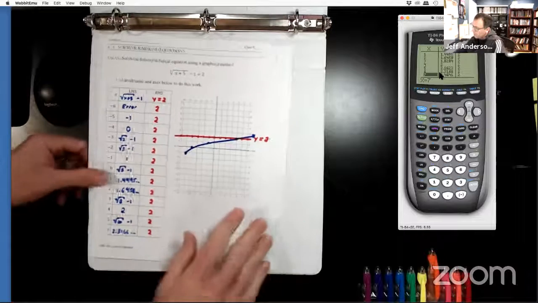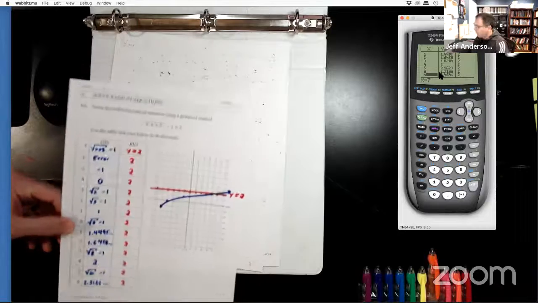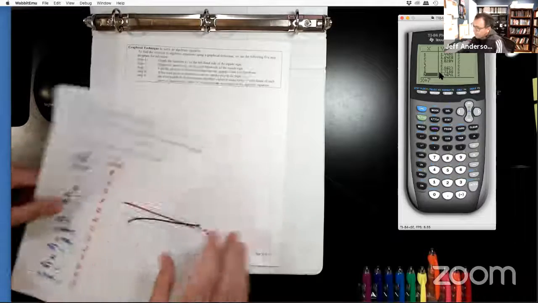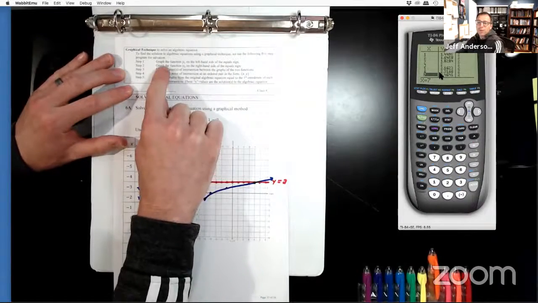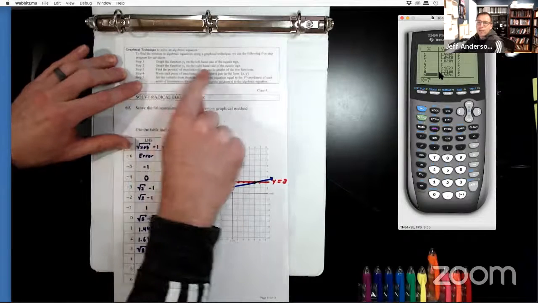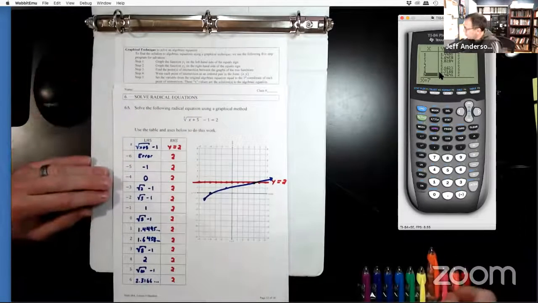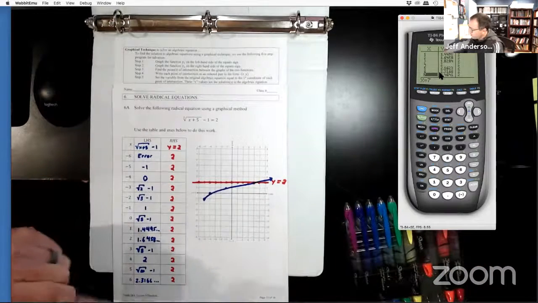And what I wanted to highlight is we actually know the description of the graphical method, which is right here. What we've just done is we've graphed the left-hand side, we've graphed the right-hand side. Then we want to find the points of intersection. So in this situation, we have one point of intersection, and it's right in the center here.